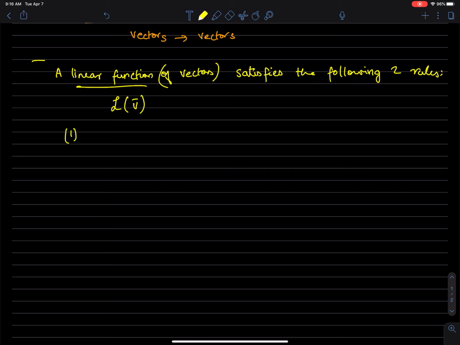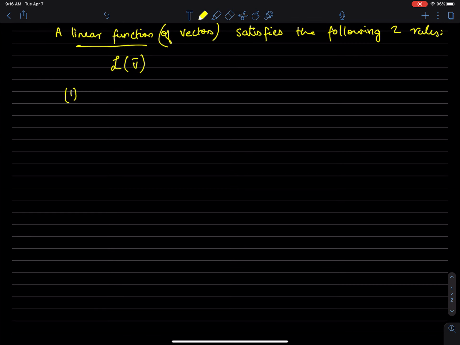Condition number 1 is that if you have two vectors, A and B, then the function operated on the sum of those two vectors is equal to the sum of the function operated on the individual vectors. So L of A plus B equals L of A plus L of B. This would be called superposition.